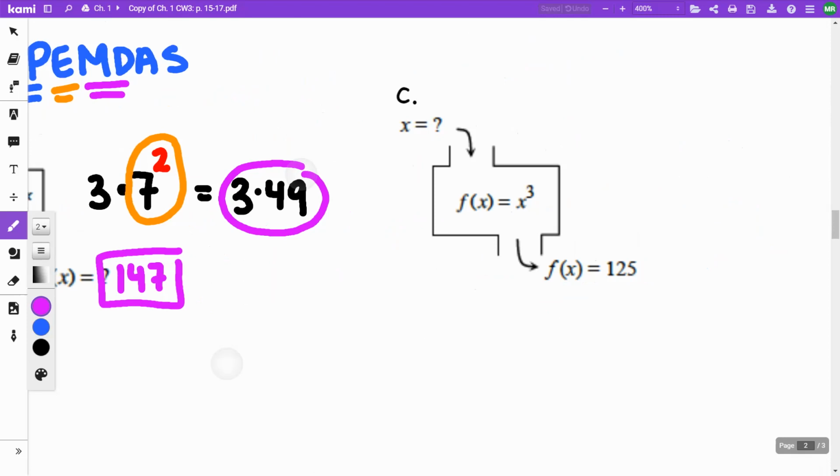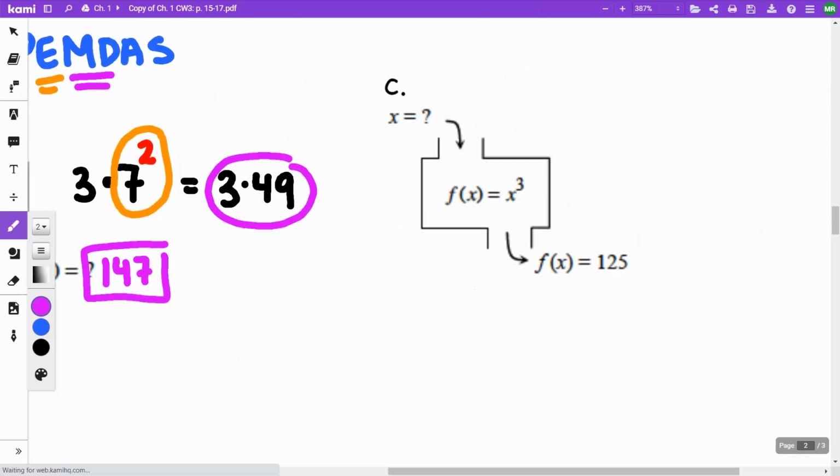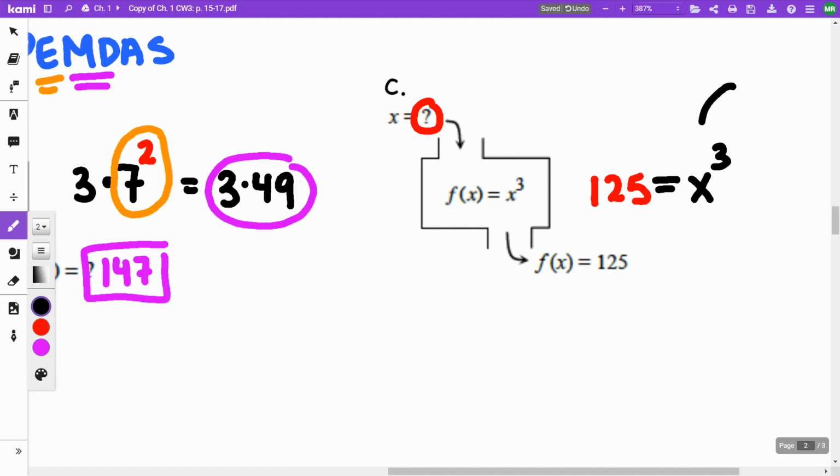On C, this time we're going the other direction. I don't know what my input is. I'm trying to figure out what I put in. What I do know is I got out a 125. So I'm going to put 125 is equal to my function, which is x cubed. What I'm trying to think of is what can I cube to get a 125?